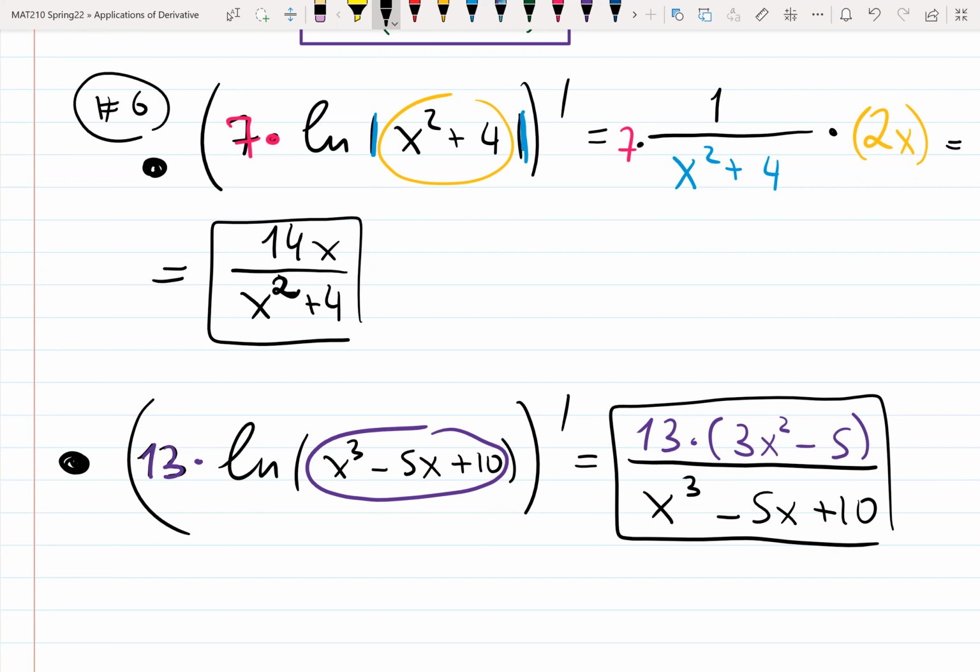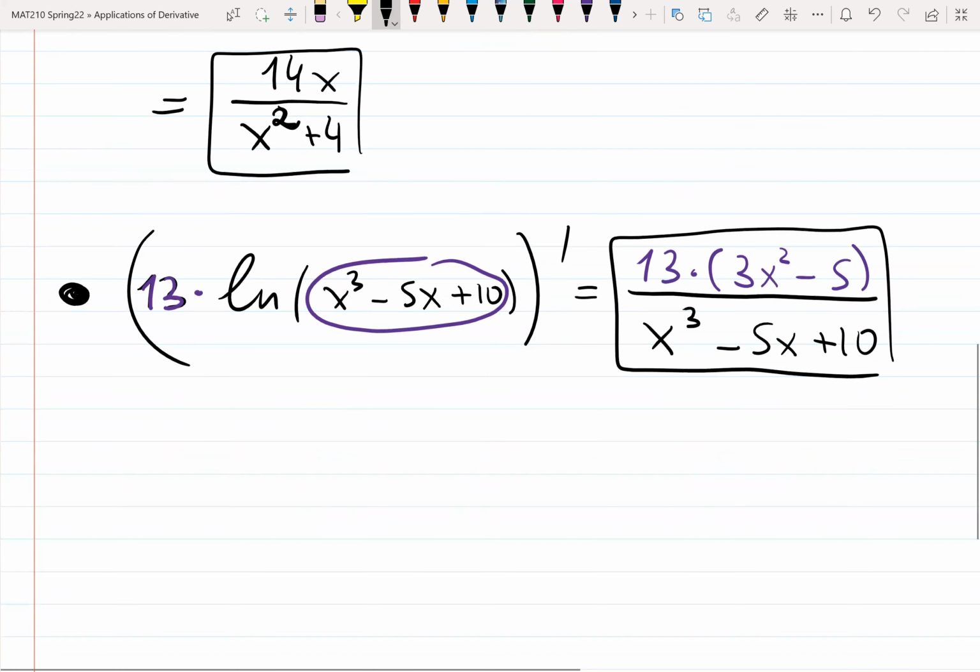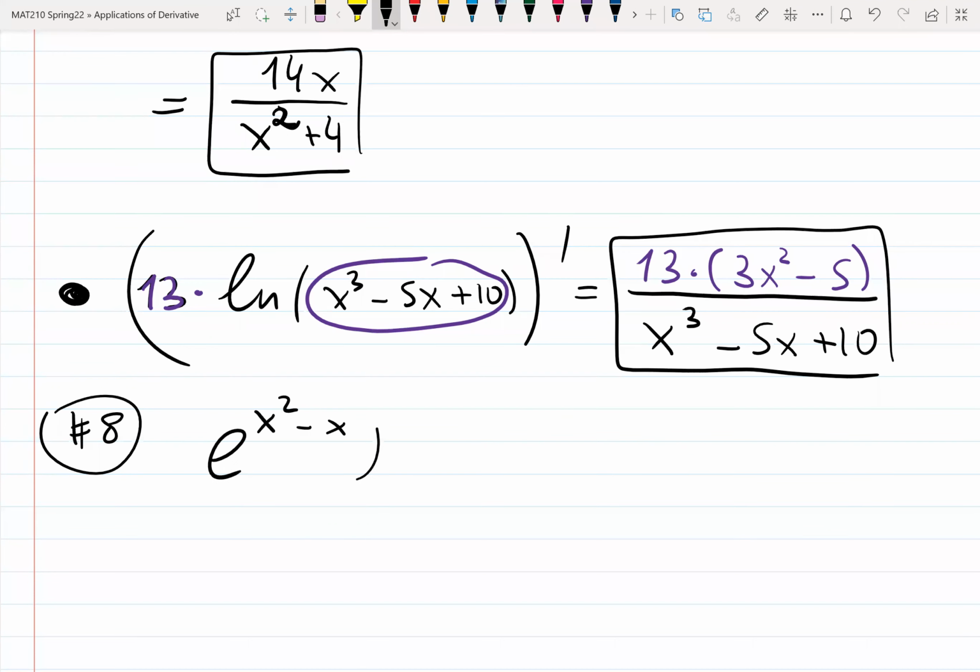Exponential function, number 8, I think. Number 8, exponential function. I will do e to the something. E to the x squared minus x, prime. Copy.